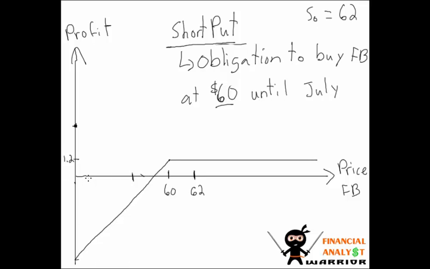If the price goes down to $10, that means I have to buy that stock at $60, and then I have a $10 stock. I can either sell it or maybe wait for it to go back up, but I'm instantly losing $50 pretty much. Well, yeah, I get to keep the $1.20, but it's still not cool. So that's shorting a put.